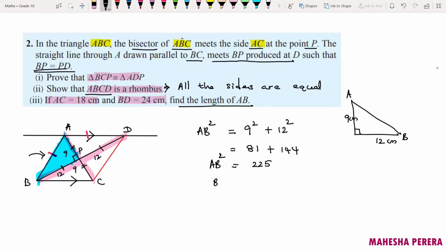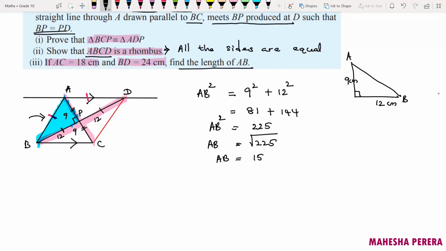That means AB equals square root of 225. So you get 15 for AB. This could be a positive value or a negative value when it comes to the square root, but we know the length is a positive value. So we can say AB equals 15 centimeters. So in this rhombus, each side is 15 centimeters. Okay, right. Let's move on to the next question.